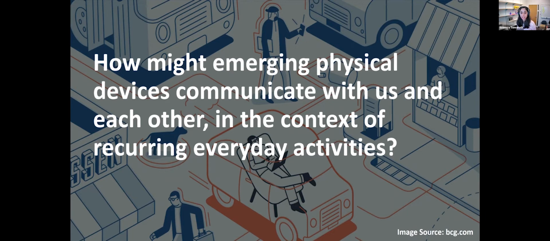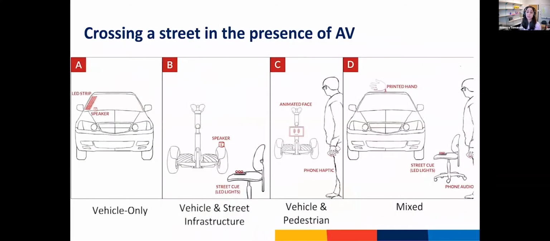And the project that I want to show you first is this project on autonomous vehicles and thinking about how we would cross the street in the presence of autonomous vehicles. And there's a range in autonomous vehicles. There are manually driven vehicles, and there are semi-autonomous vehicles, which we actually already see in our streets.